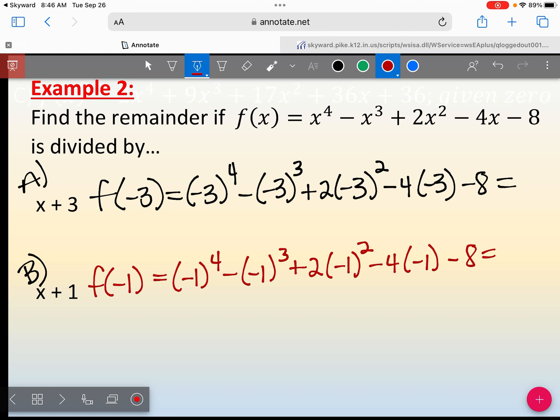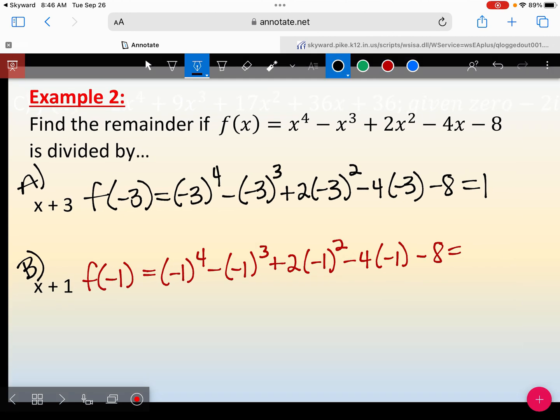I know for the first one you get a big number. Who got positive 140? Who got positive 130? Okay, sorry, I was trying to go off memory from first period. All right, so it's 130, and that would be your remainder. So that's your final answer.